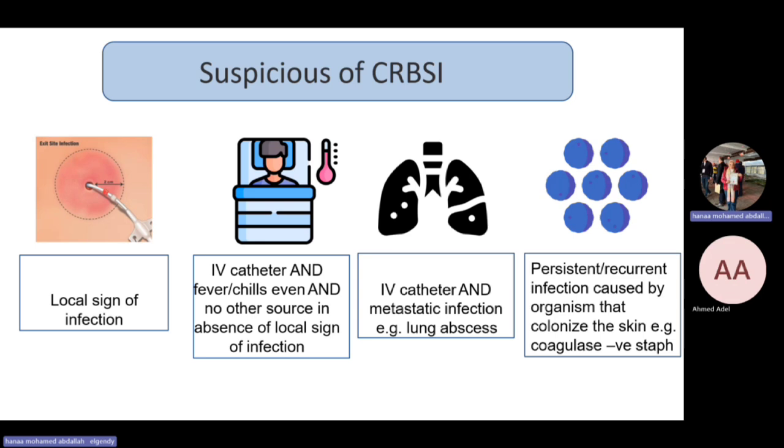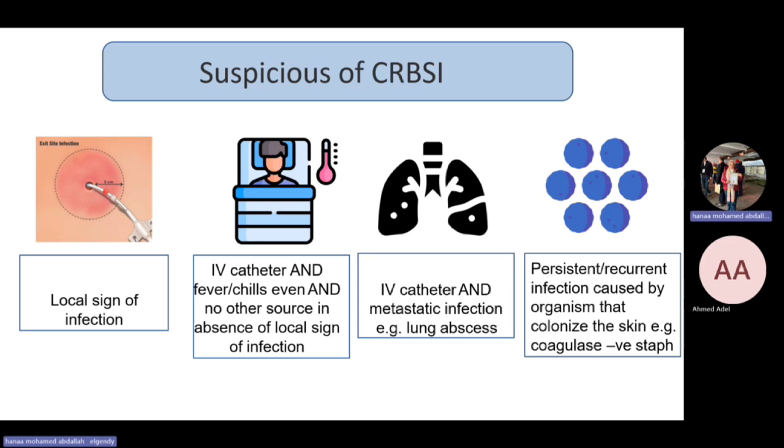Or the patient has an intravenous catheter and there is a metastatic infection, like infective endocarditis, joint infection, or lung abscess, and there is no other reason that can clarify why there are systemic symptoms of infection.